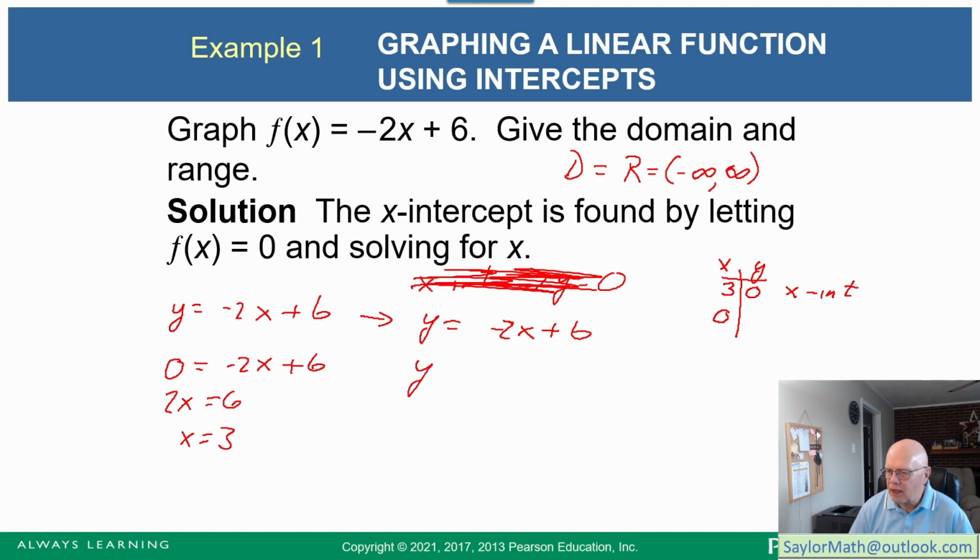So we'll have y equals, and negative 2 times 0 is 0. So you just have y equals 6. There's our second intercept, the y-intercept. Remember, for the x-intercept, put a 0 in for y. For the y-intercept, put 0 in for x.